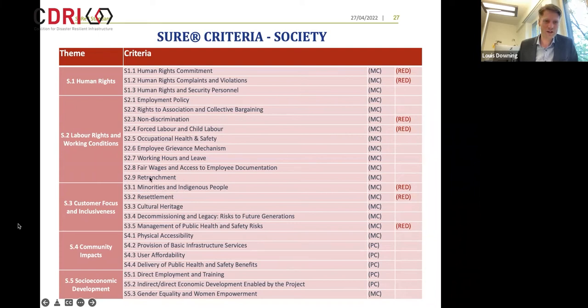for labour rights. Then customer focus and inclusiveness. So this is one that in the responses to the poll yesterday, a lot of people also saw this as an important theme. So minorities and Indigenous people resettlement is obviously one of the key red flags that we see when we're assessing an infrastructure project.